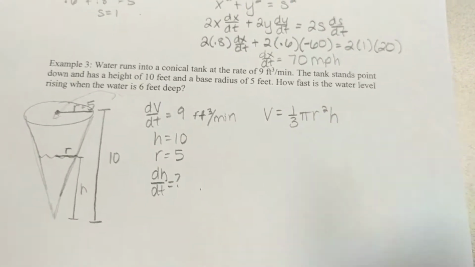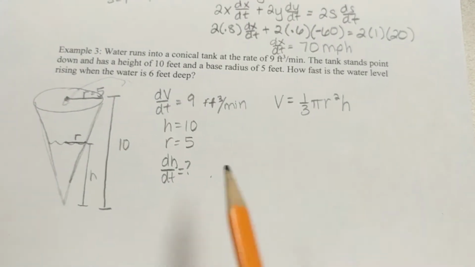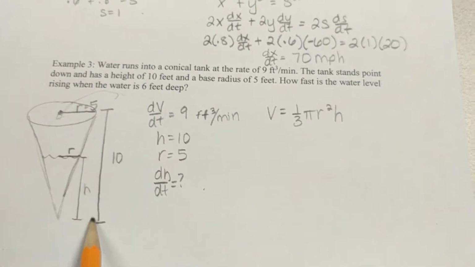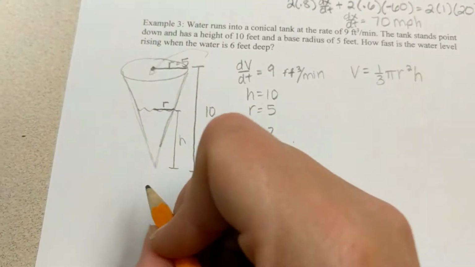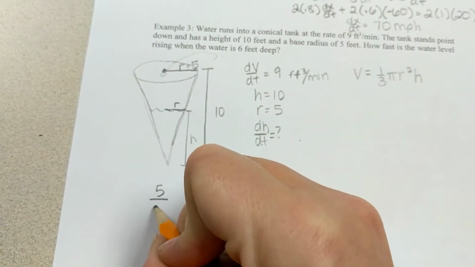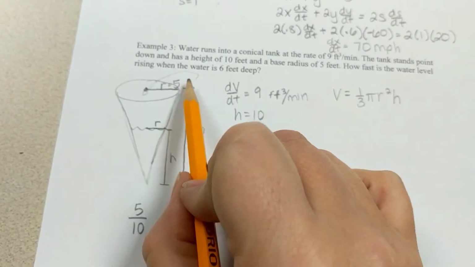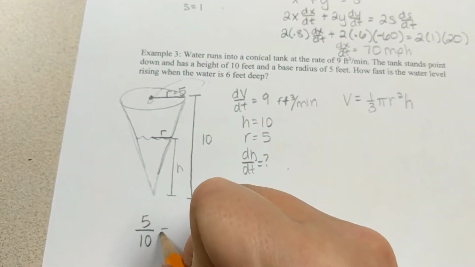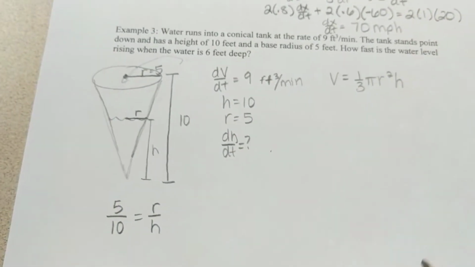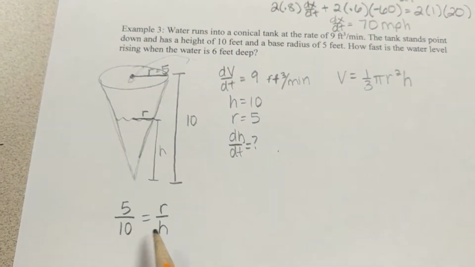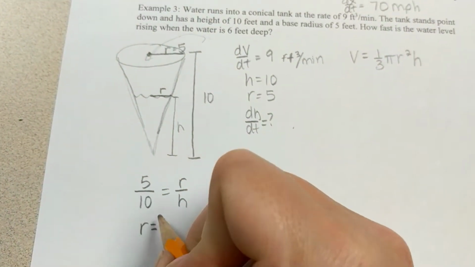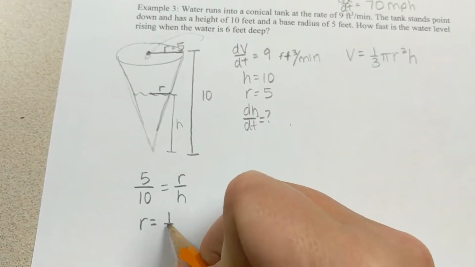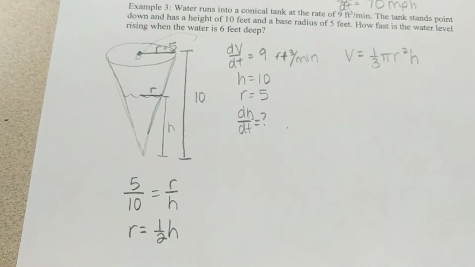I want to replace r with something. The nice thing is they've provided this nice proportional relationship here. They said the relationship of radius to height was 5 to 10. Which means if I solve this proportion for r, I get that r equals 5/10, or 1/2 h.